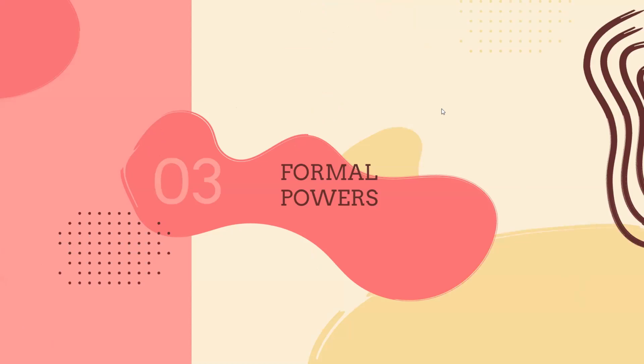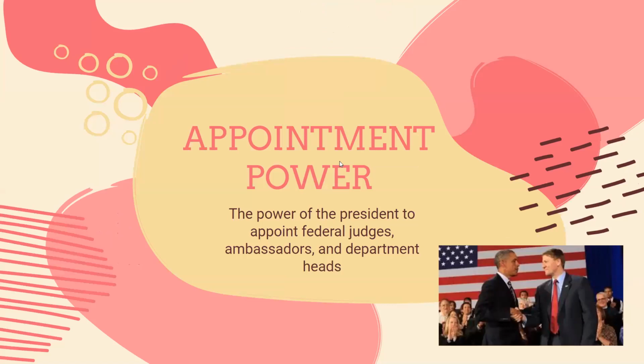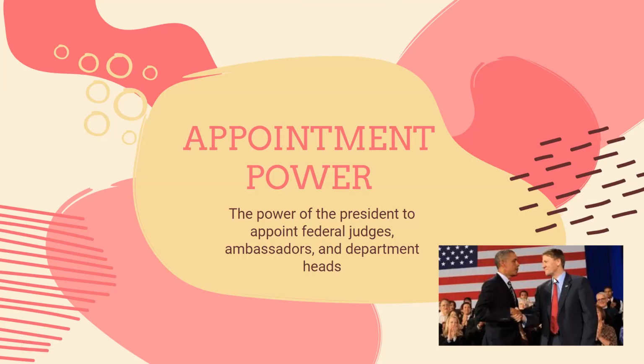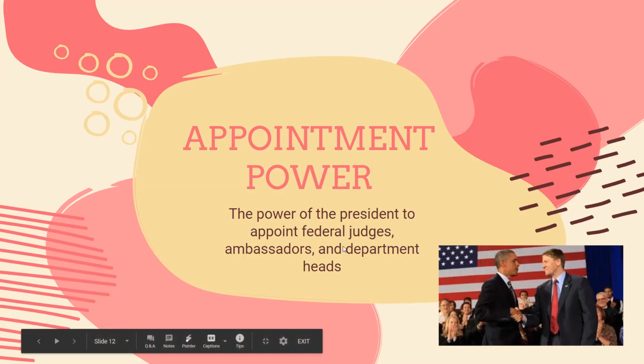So formal powers include appointment power. So it's the power of the president to appoint federal judges, ambassadors, and department heads. So we have Barack Obama here. He's appointing a department head.